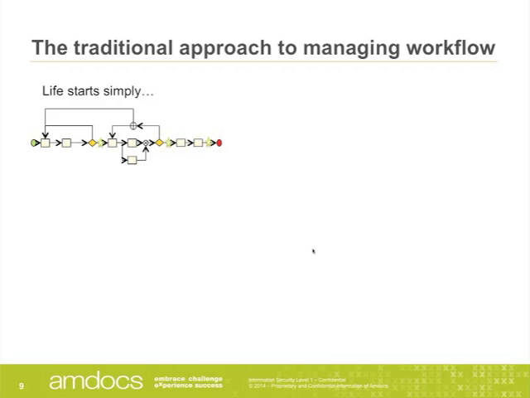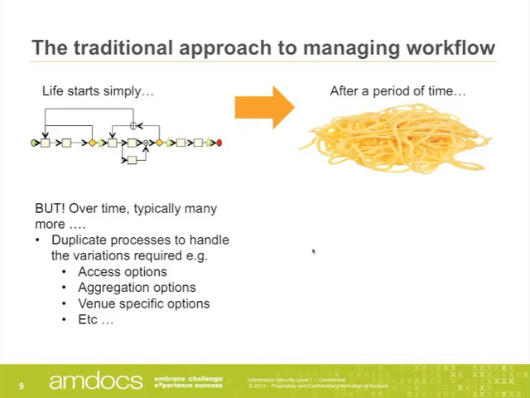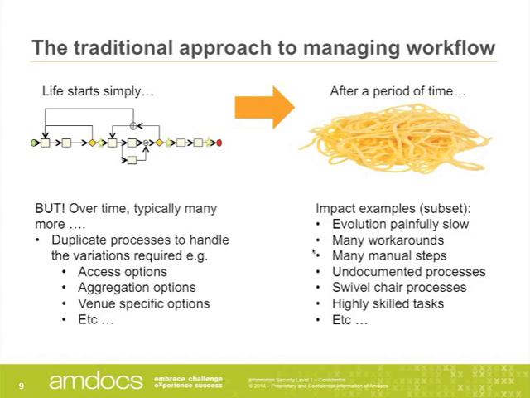You have a plan that could be quite a well-designed plan, but over time there are going to be changes. There are going to be duplicate processes to deal with the variations required. There are going to be a number of different access options, different aggregation options, venue-specific options, and so on and so on. So what starts out as a fairly straightforward fixed plan starts to become much more of a problem over time, and may end up becoming like a bowl of spaghetti here.